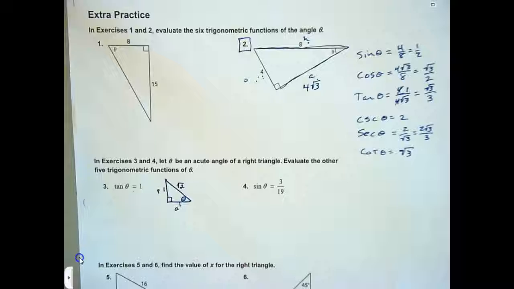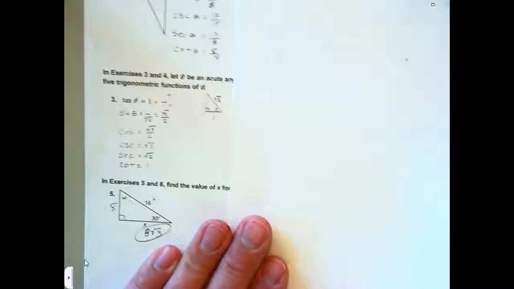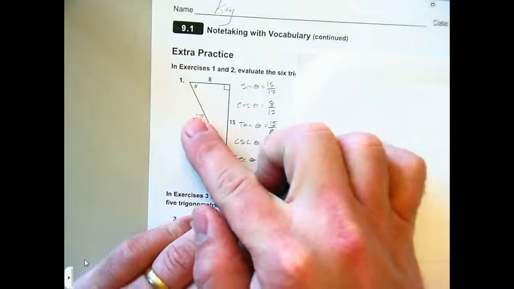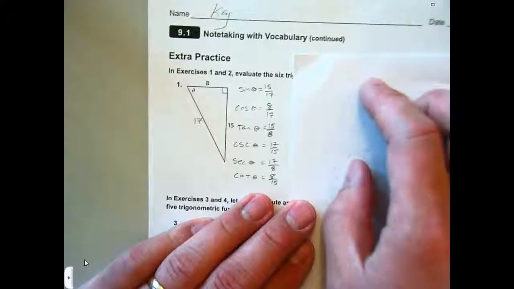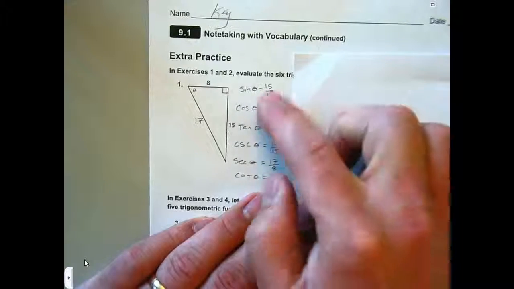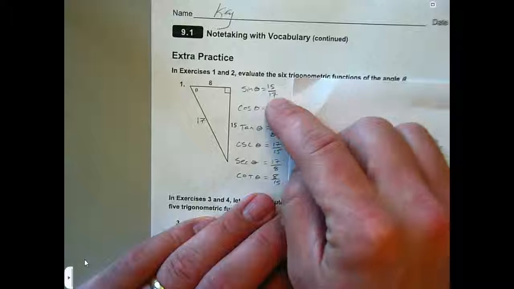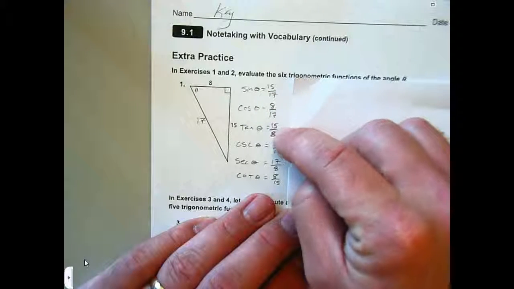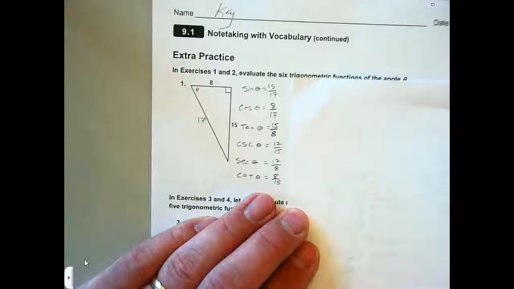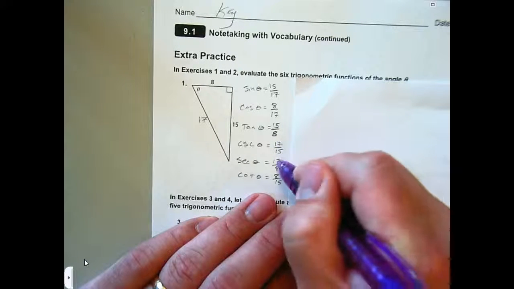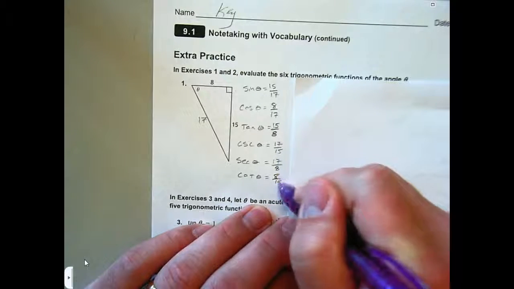Sine of theta equals... Okay. First thing you had to do was find that third length, and that is an 8, 15, 17 triangle. And so by finding that, using the Pythagorean theorem or knowing it's a Pythagorean triple, then you can find your different ratios. So remember, all you're doing here is comparing opposite over hypotenuse, adjacent over hypotenuse, opposite over adjacent, hypotenuse over opposite, hypotenuse over adjacent, and adjacent over opposite.